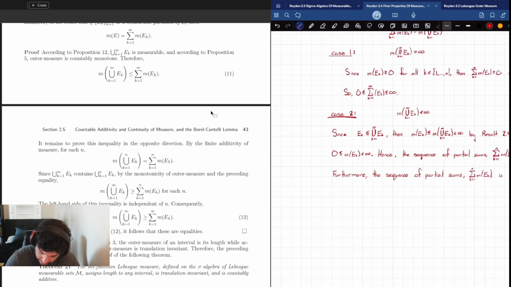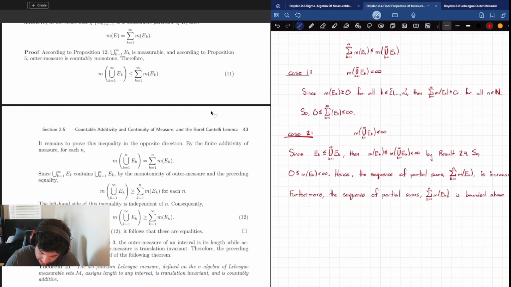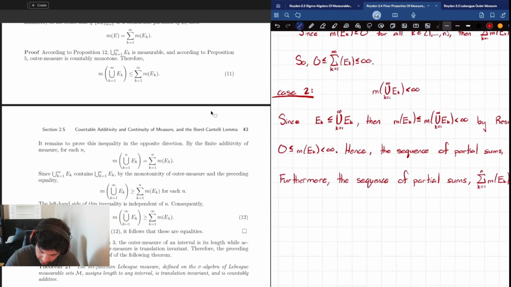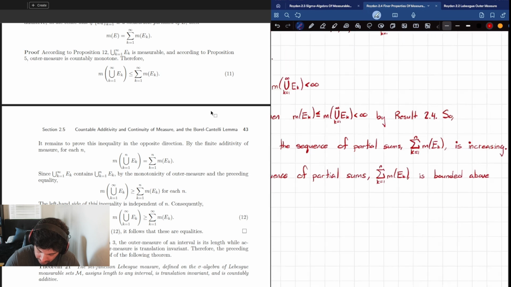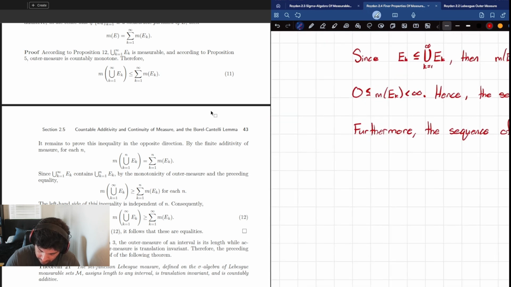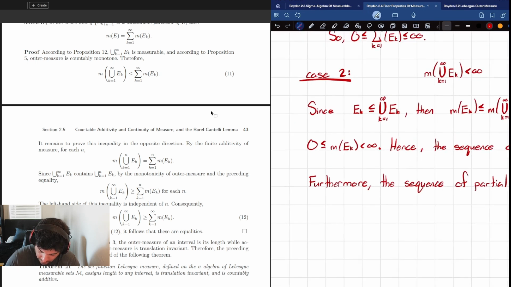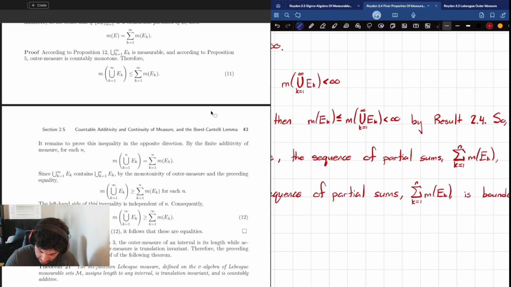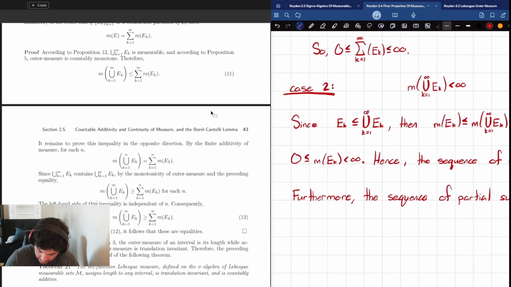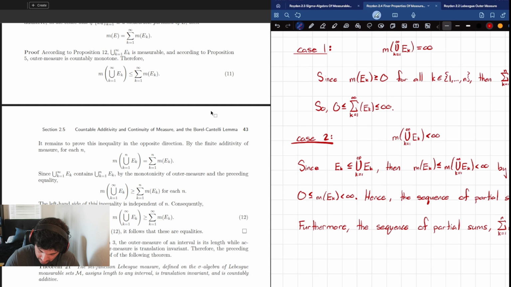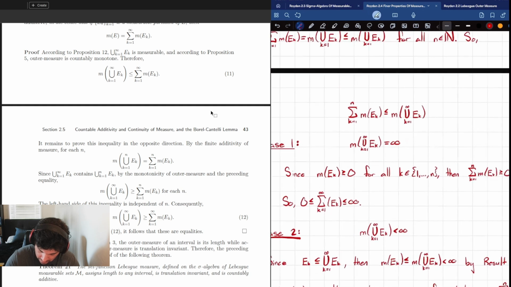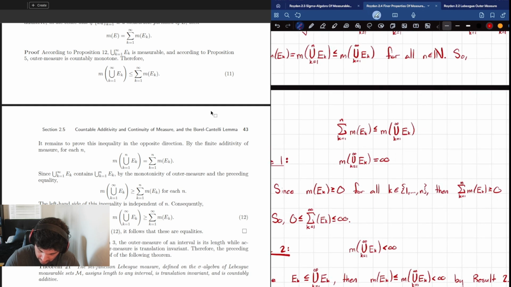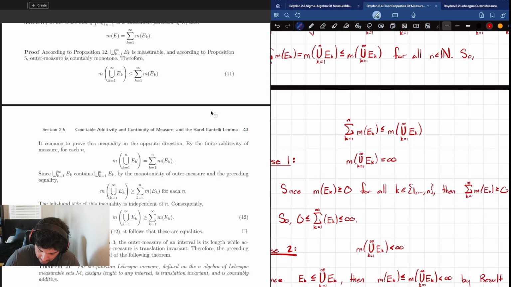It's bounded above by the measure of the union. Oh no, not bounded by the measure of the union. It's bounded above by, where is it at? Yeah, by the measure of the union.